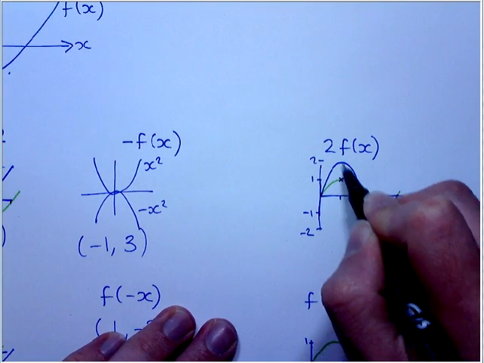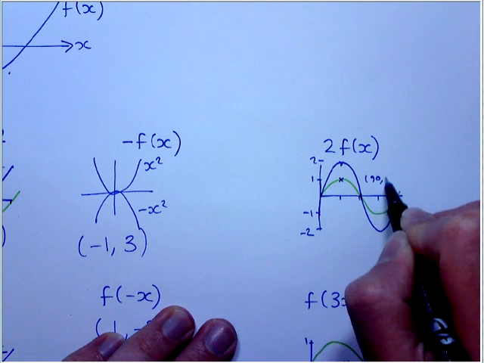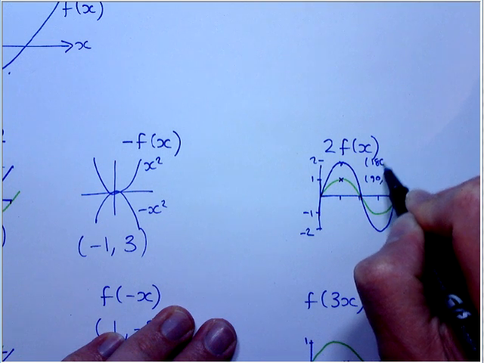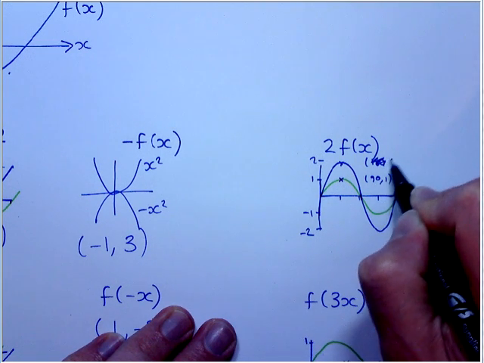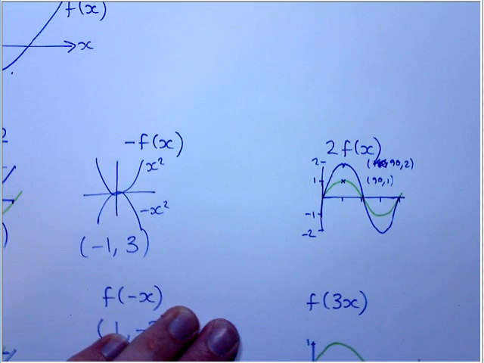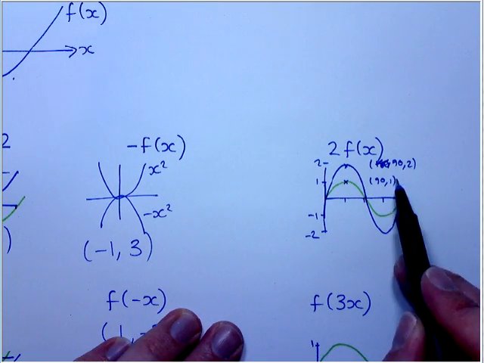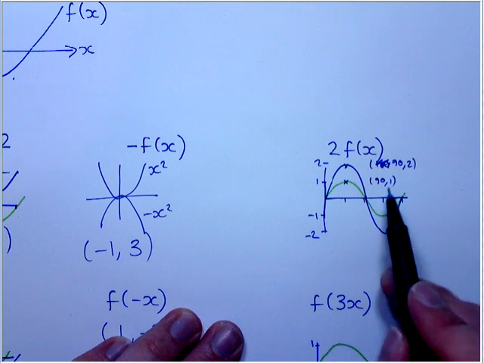If you consider these coordinates, we have 90 and 1, and then we have 90 and 2. You can see that the x coordinates haven't changed, but the y coordinates have doubled. And that means that's what you have to apply to our question.